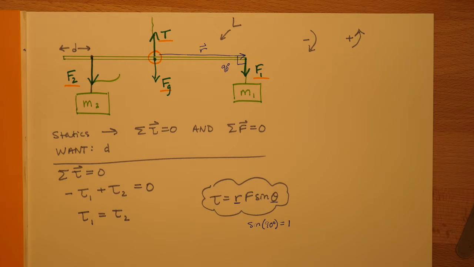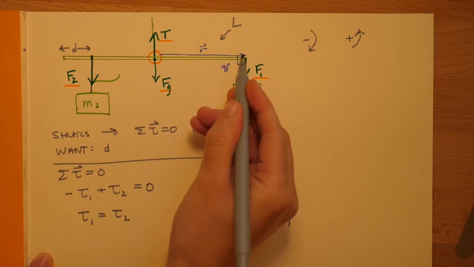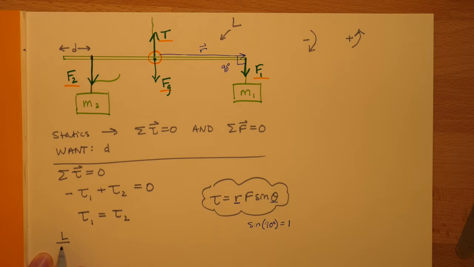So that means that the torque at point 1 is that distance r, which in our case is L over 2, times the force, F1, and our angle is 90 degrees, so the sine theta is 1. So we're done.